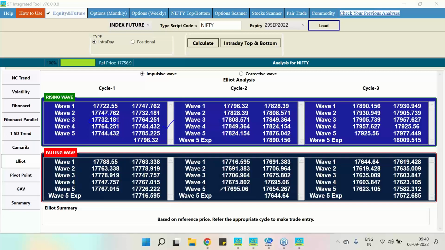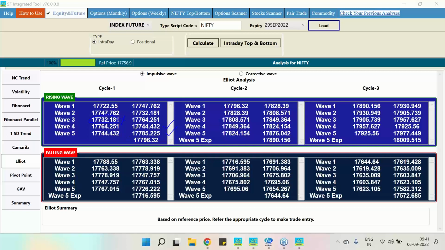These 2 points are for making the trade. Suppose you are going to buy Nifty, you must buy at 17,732. You can keep the last target as wave 5, 17,785 or 796.